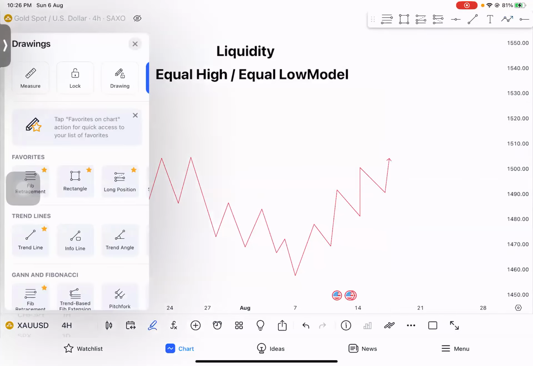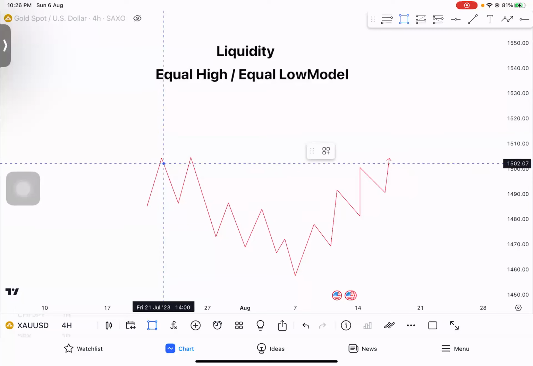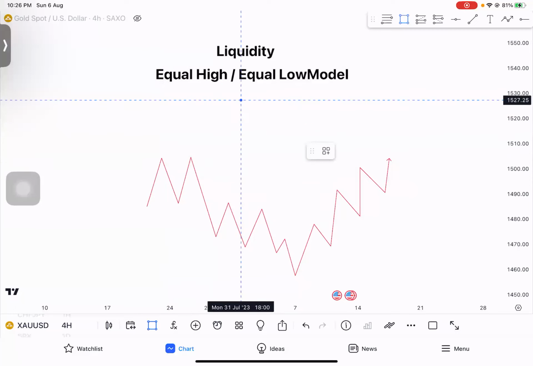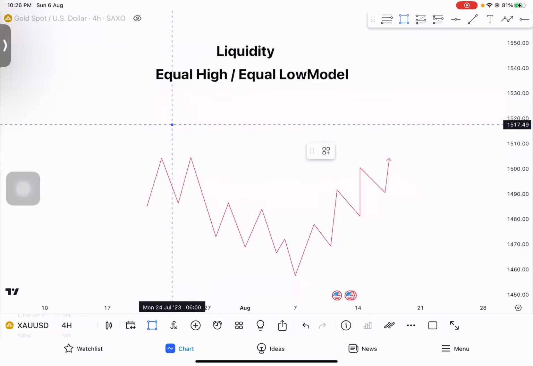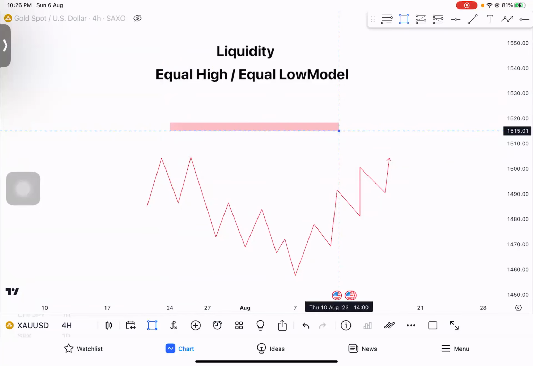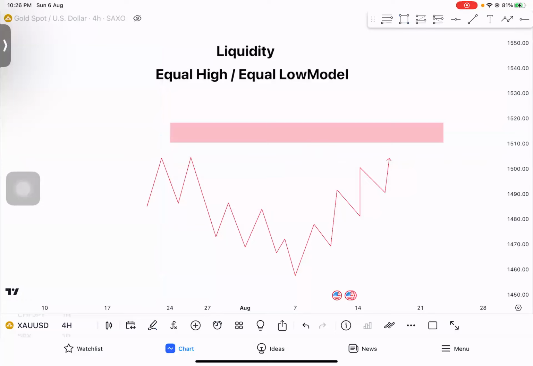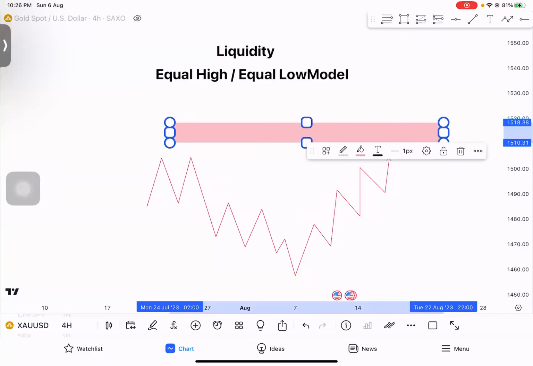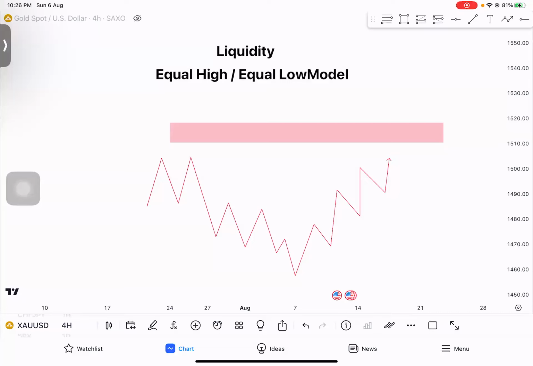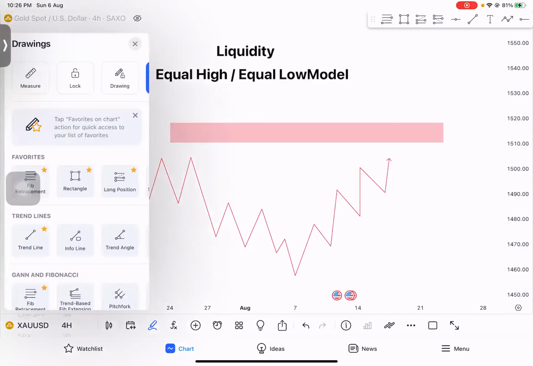In this area you always have to identify that you are not selling at the resistance, but you are selling at the supply zone. Always have to know that. The supply zone will be where the fake-outs or the equal high liquidities get swept.